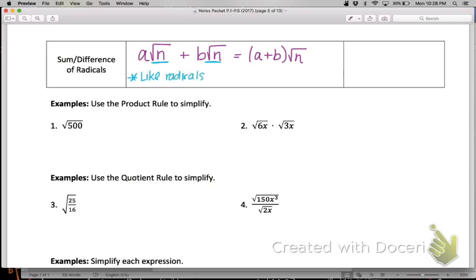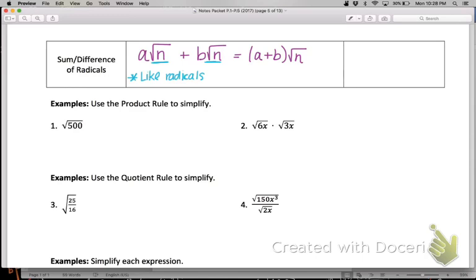And if you recall the definition of like radicals, same index, cube root, fourth root, fifth root, same radicand. So in this case, they're both square roots, and the radicand of each one is n. So they have to match exactly, just like x squared and x squared are like terms. The square root of x and the square root of x are like terms. And so when you have that, you can just add or subtract the coefficients.